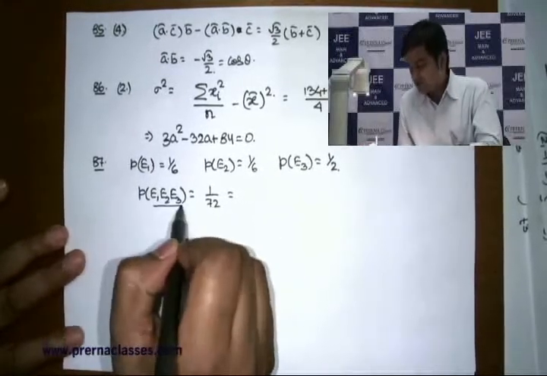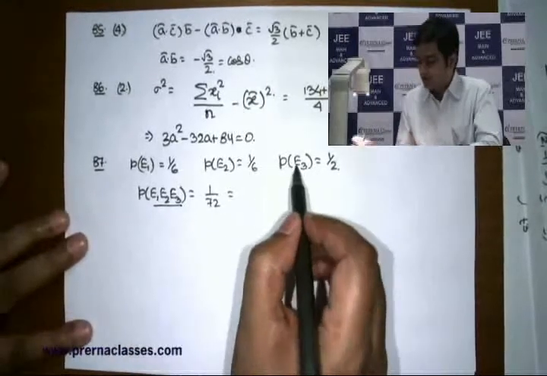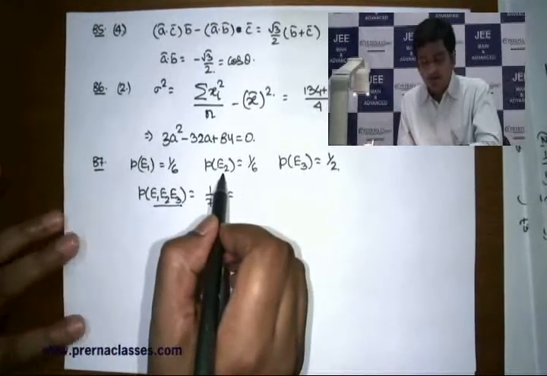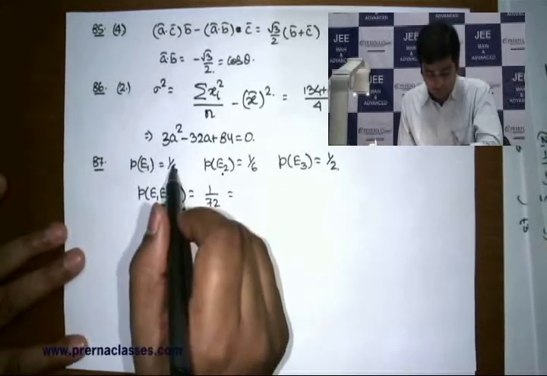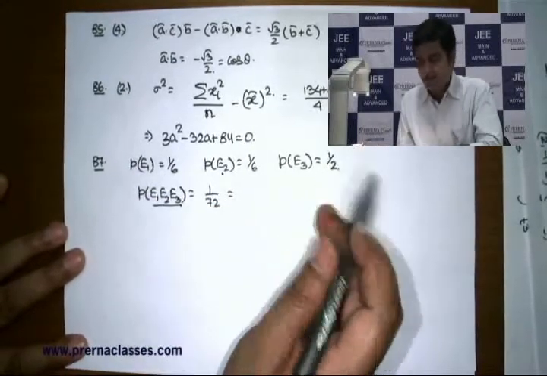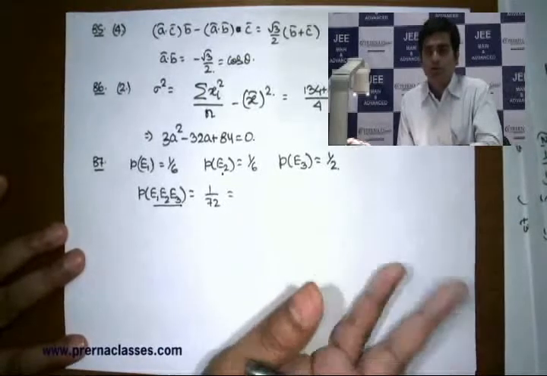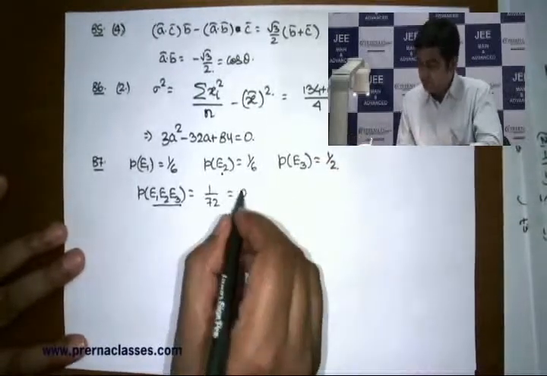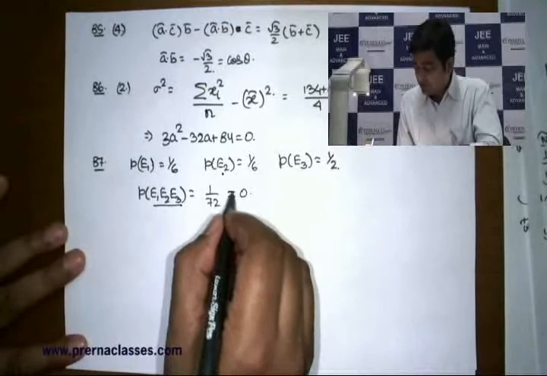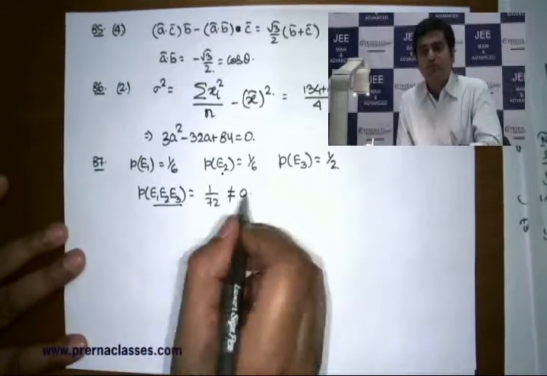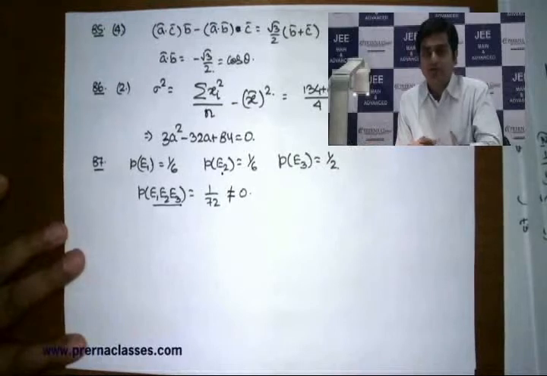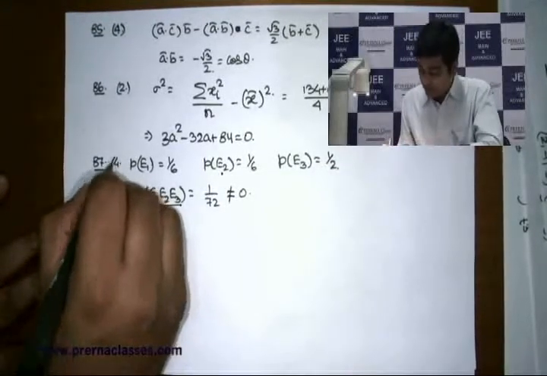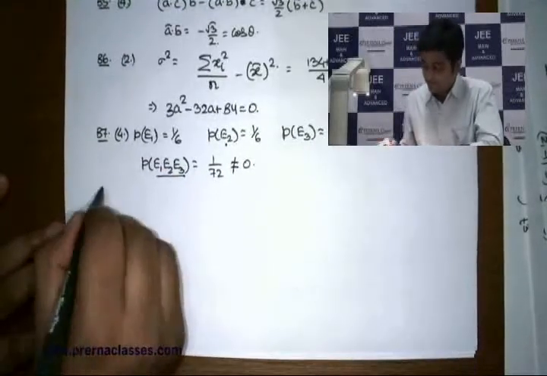But actually this is an impossible event, because here you have got an outcome 2, here you have got an outcome 4, and there you want the sum of those outcomes as an odd number, which is impossible to achieve. So clearly you can check these two pieces of information are not matching. Hence I can safely say that E1, E2, E3 are not independent. We're going to make option 4 correct.